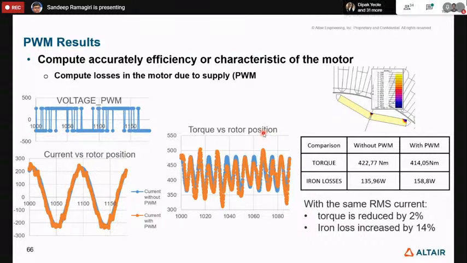In a nutshell, there is an impact on the torque and also the iron losses. With and without PWM, the torque is reduced by 2% and the iron losses are increased by 14%, as you can see. So the PWM signals are also impacting your motor performance.